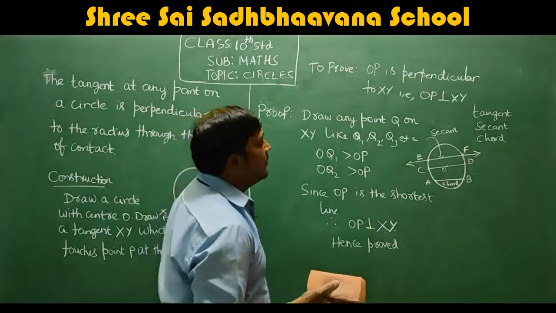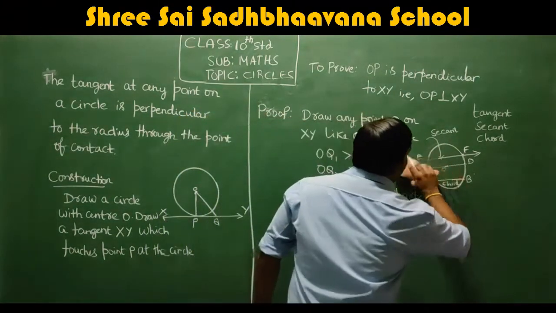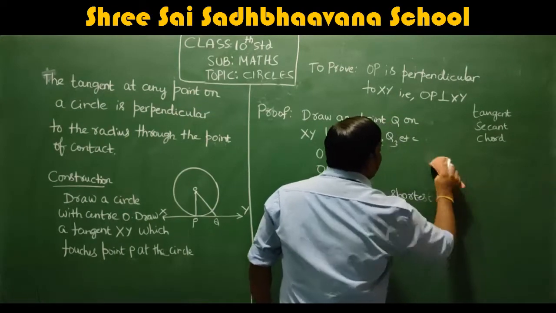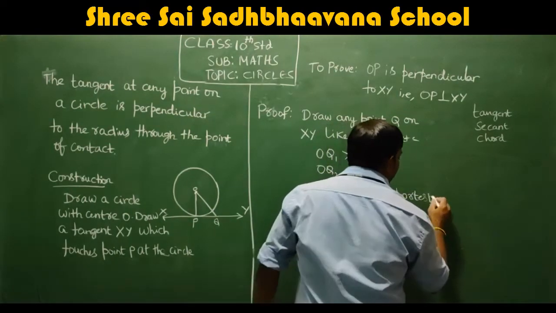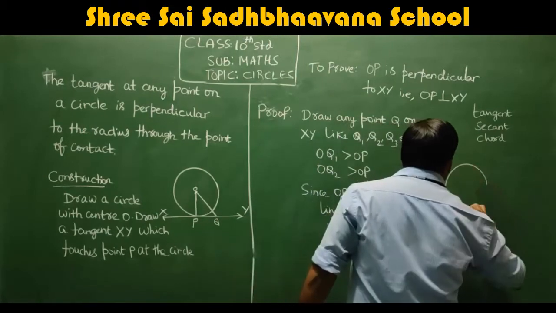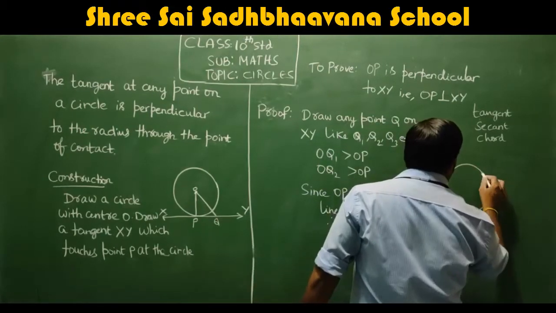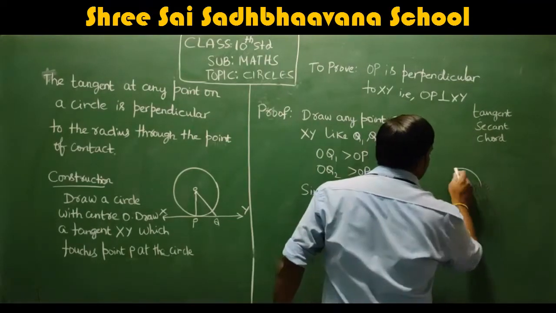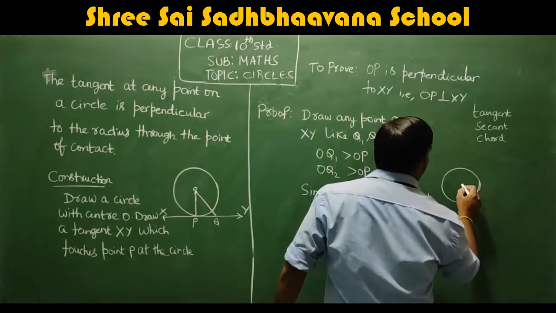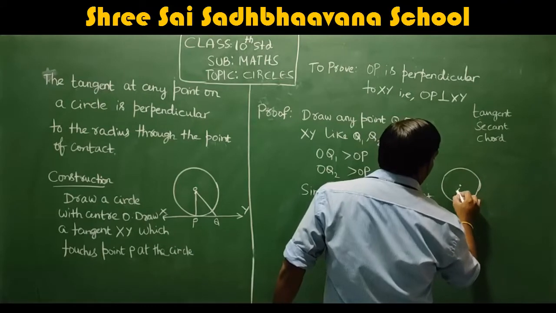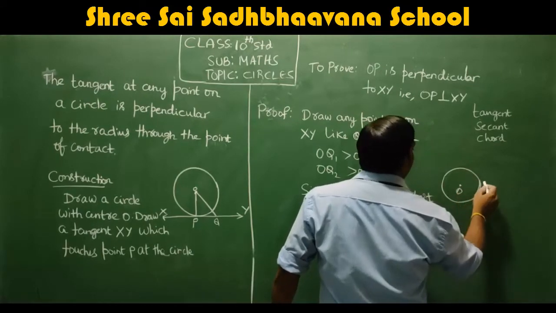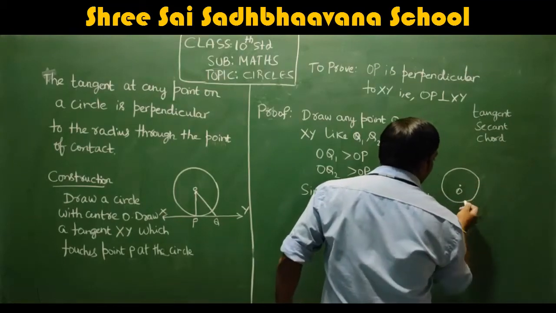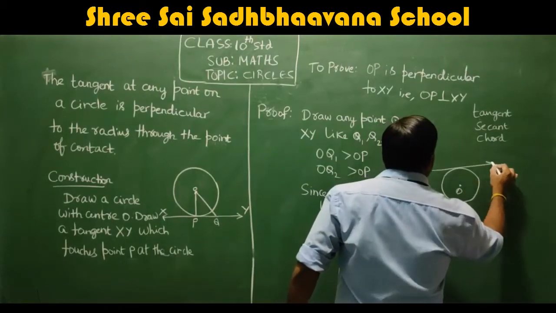And now we will come back to the concept of tangent. Then what is the tangent? Tangent is the line. For example, let me take a circle, again with center O. I'm just drawing a rough figure. Now let me consider one line here.